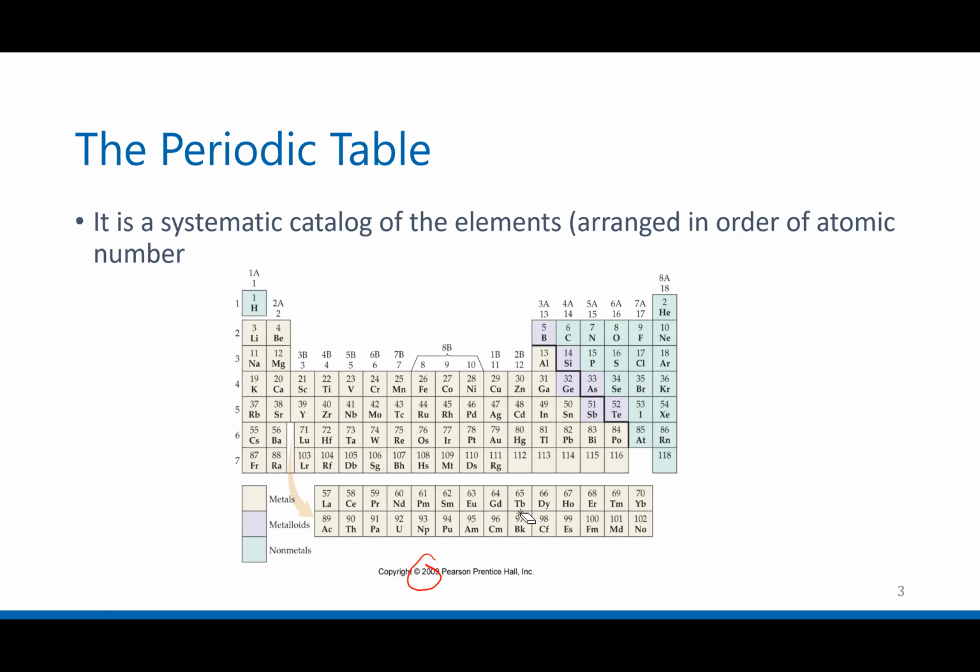So what is the periodic table? It's a systematic catalog of the elements. Now, what does this mean? Well, a catalog is basically like your contacts on your cell phone. So we say cell phones in Canada, on your mobile phone or your iPhone or your Android.